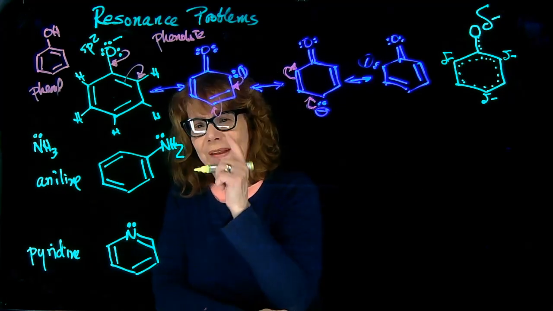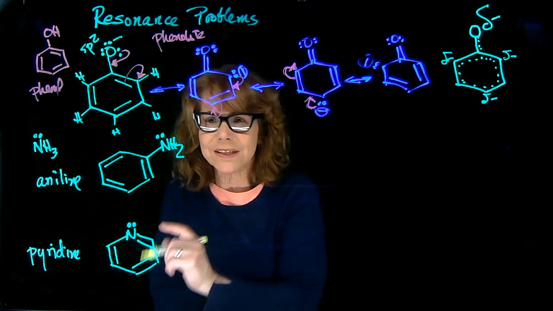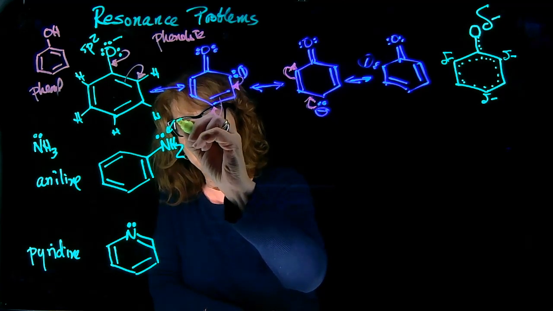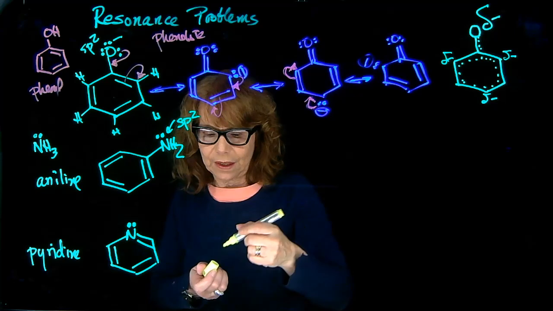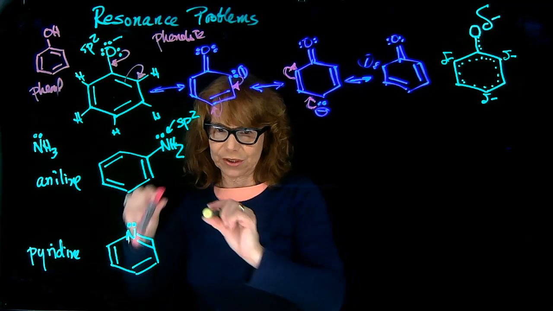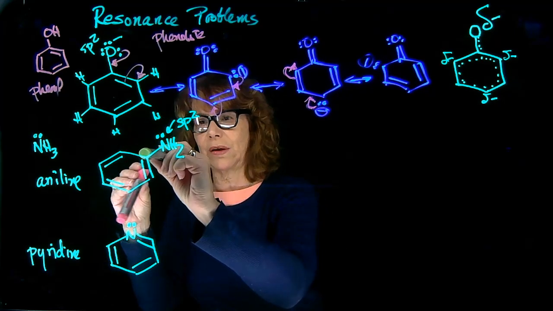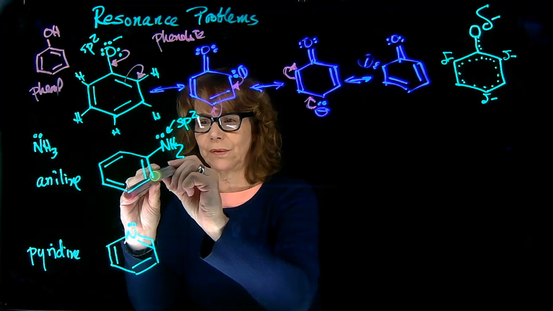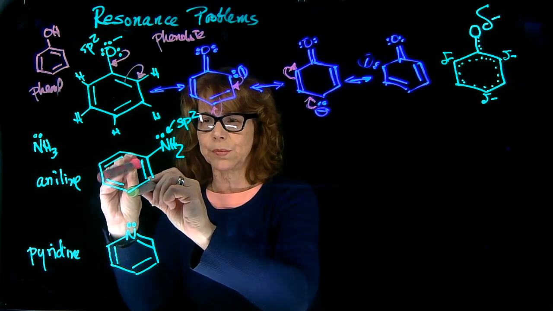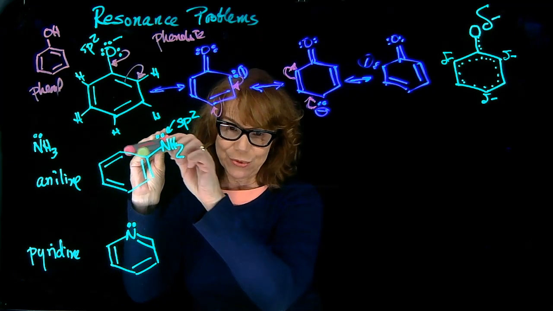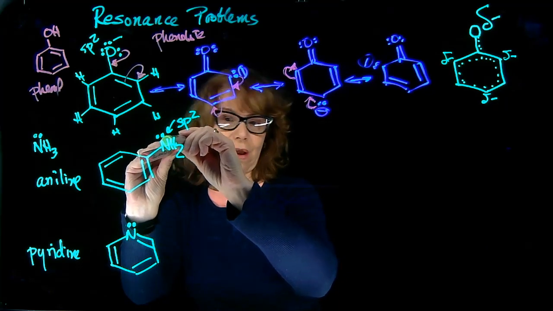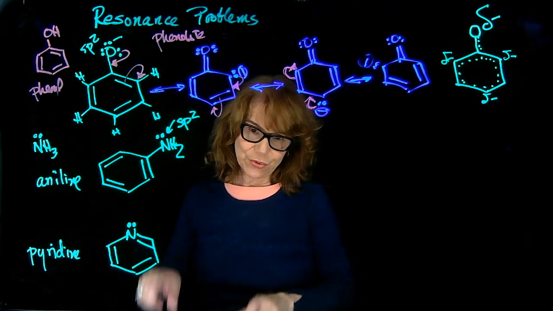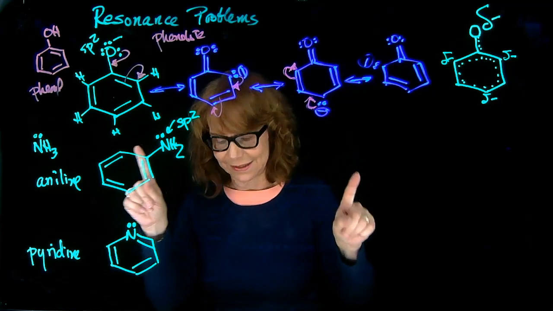Here, the nitrogen is also sp2 hybridized, so the lone pair at the nitrogen will have p orbitals all over here. All of that is sp2 and p orbitals. They can do that overlap, parallel next to each other like that.